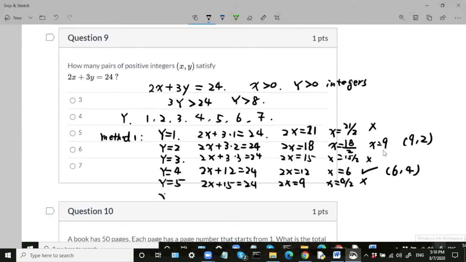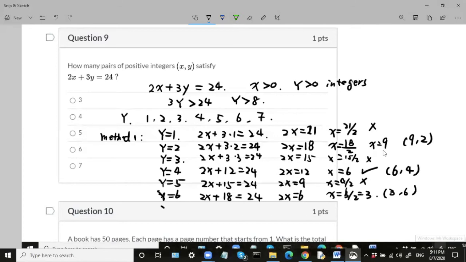y equals 6. 2x plus 18 equals 24. So 2x equals 6. Okay, so x equals 6 over 2 equals 3. So it works, that is the 3, 6.